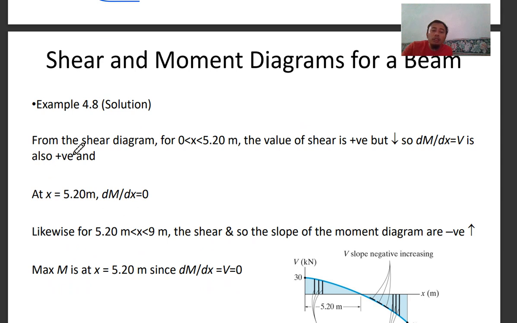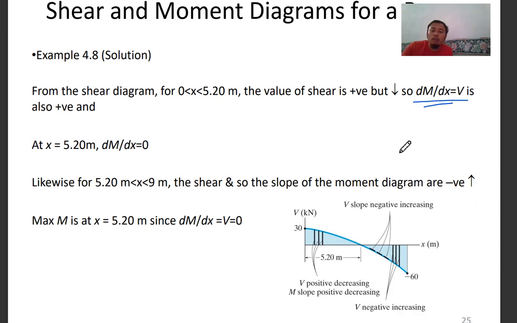From the shear diagram, 0 to 5.2, the value of shear is positive but decreasing. So dM over dx is equal to V. It's also positive, so your shear, basically your V, is positive. So your graph, basically you are drafting: you go up 30 and then it's decreasing due to that triangular load, up to 5.2 meter, which will be 0.